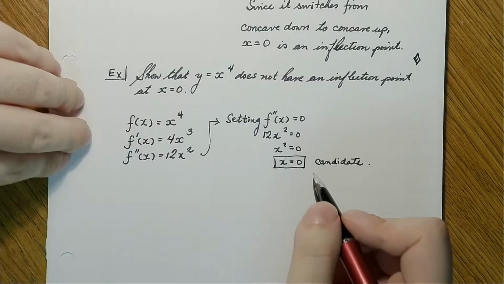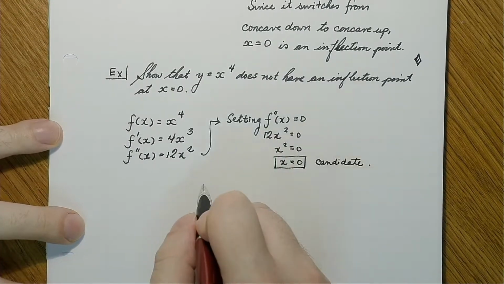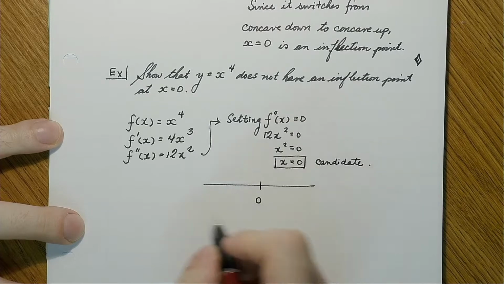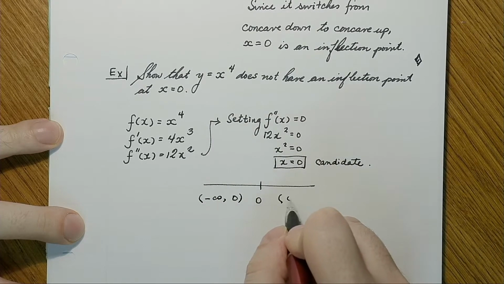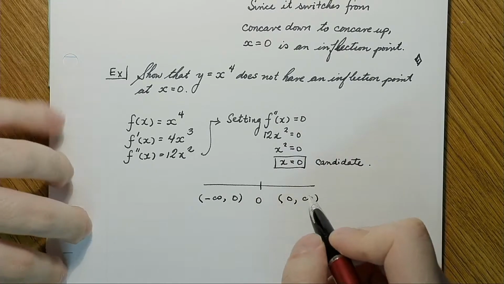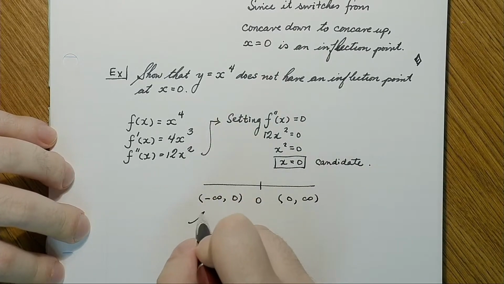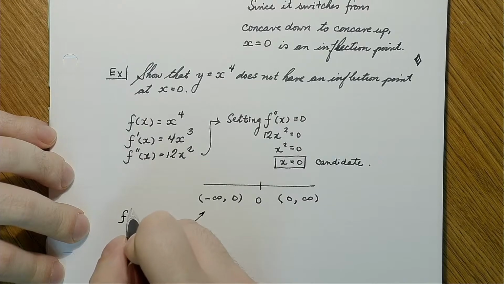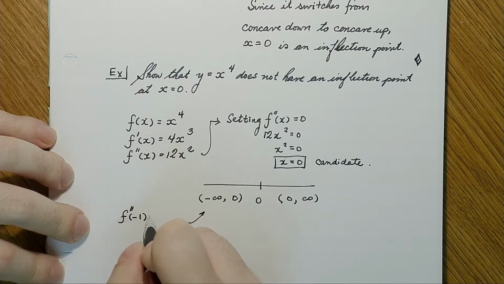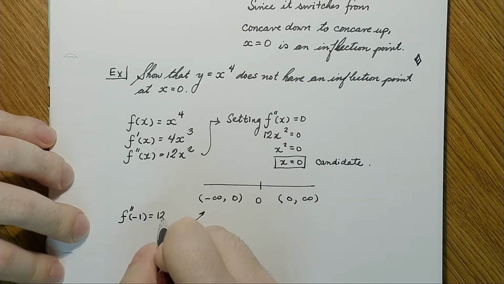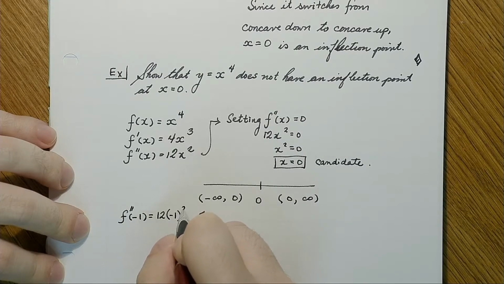But if I pick my value here, I have f double prime at, let's pick -1. Then I get 12 times -1 squared.